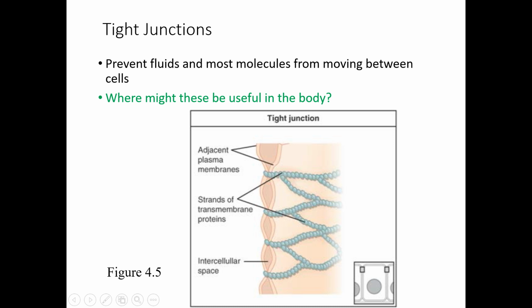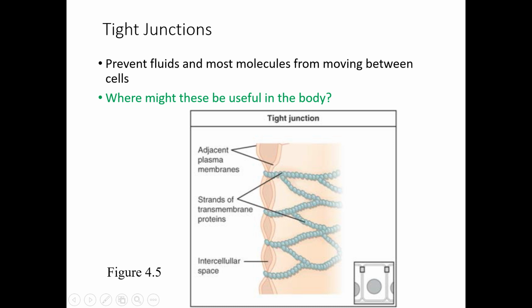If you imagine that right here you can see that is one cell and that is another cell, and right here in the picture you can see that piece between two cells. So that is the cell membrane of one cell, and here is the cell membrane of another cell, and in some places they are connected with proteins.